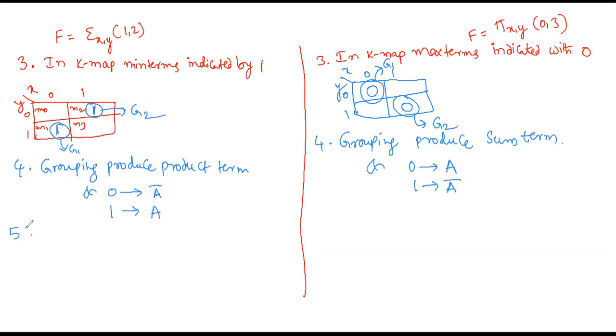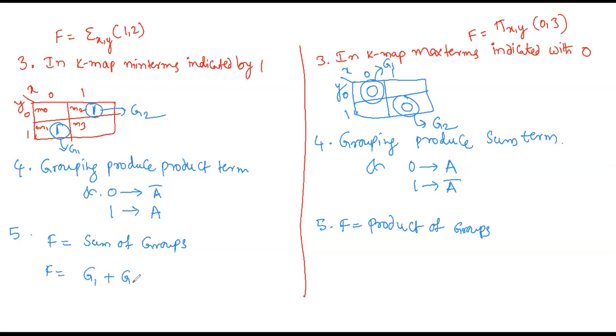Final expression: F is equal to the sum of groups, here F is equal to G1 plus G2.